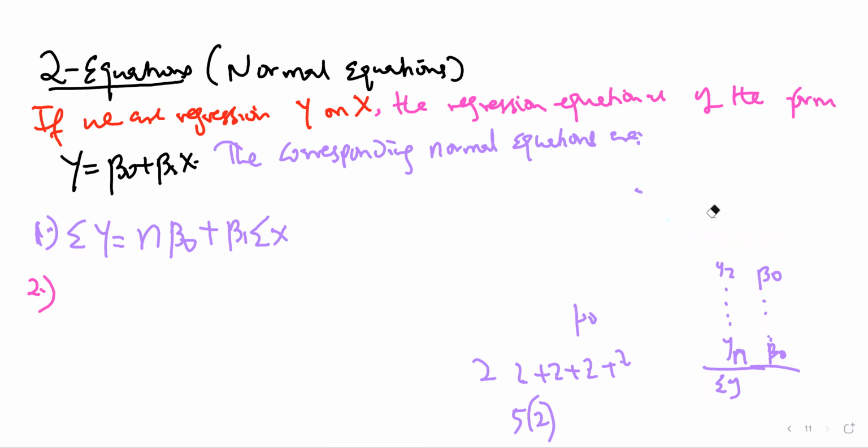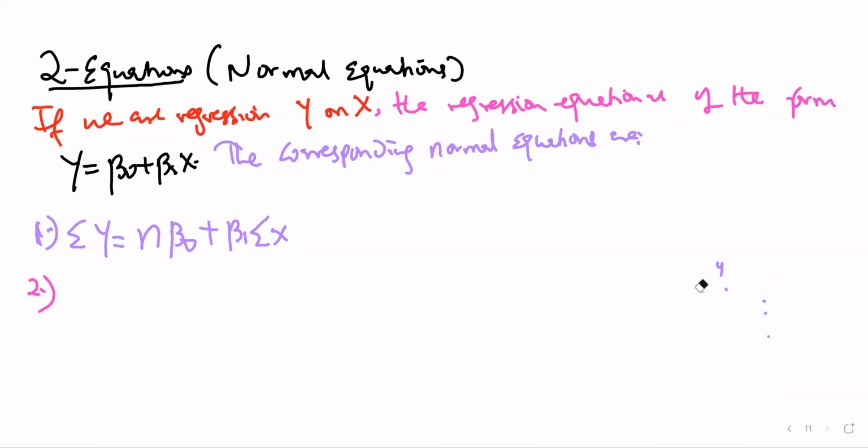So again, you start from the original equation, the required regression equation, which we said is y is beta naught plus beta 1 of x. We have used this equation the way it is to get our first normal equation. So to get the second normal equation, you take x and multiply everywhere in this equation by x.